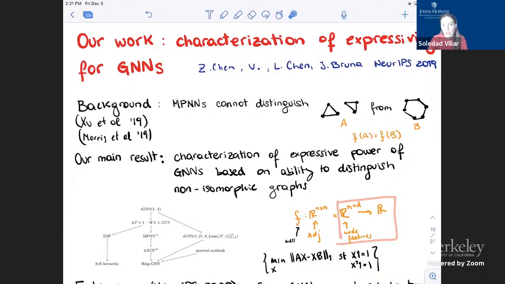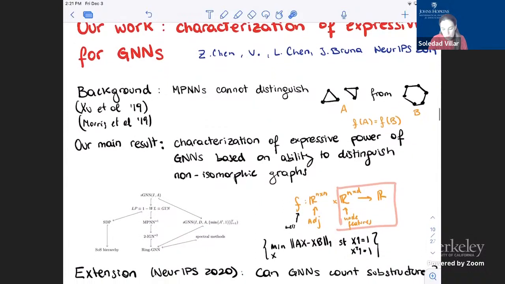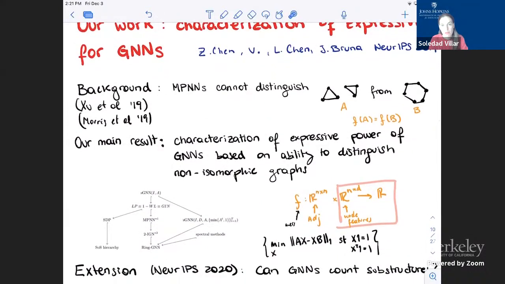So what we did in our paper in NeurIPS 2019 was to look at different classes of graph neural networks and characterize their expressive power in terms of their ability to distinguish non-isomorphic graphs. We have a comparison between different classes of graph neural networks. In particular, most of them that are used in practice are actually not expressive enough.